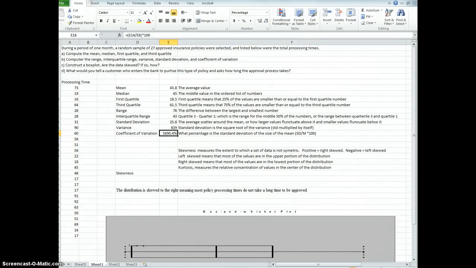Because I put the dollar sign there, it ruined my calculation, so I'm going to start it over. The coefficient of variation is the standard deviation divided by the mean times 100.